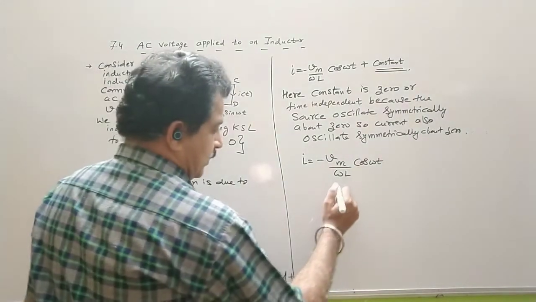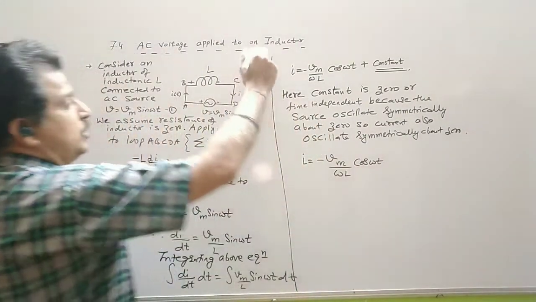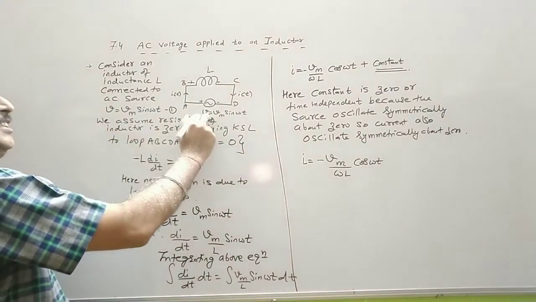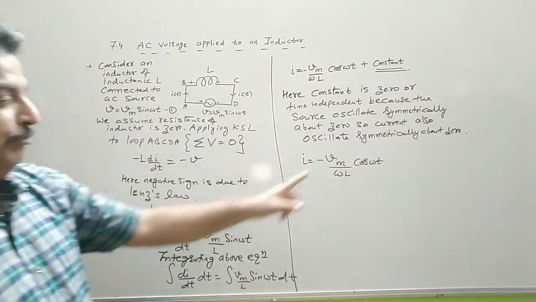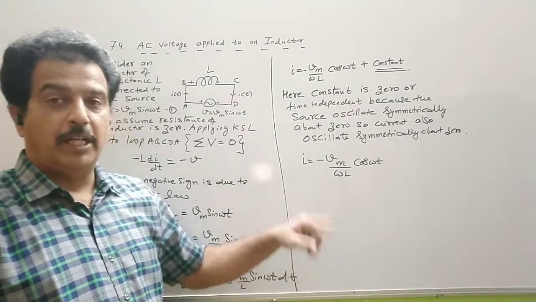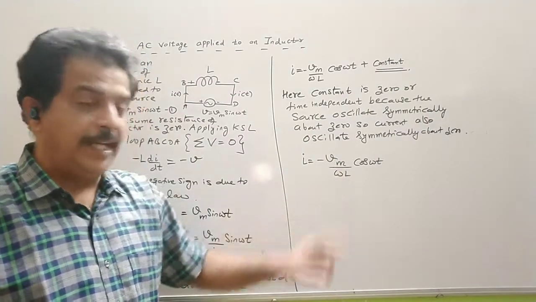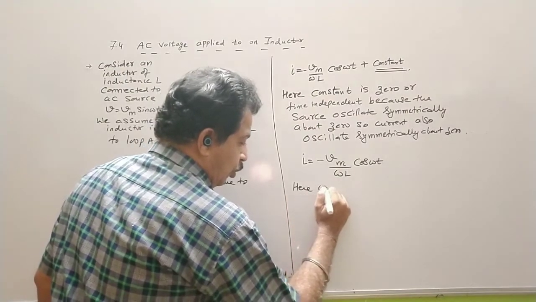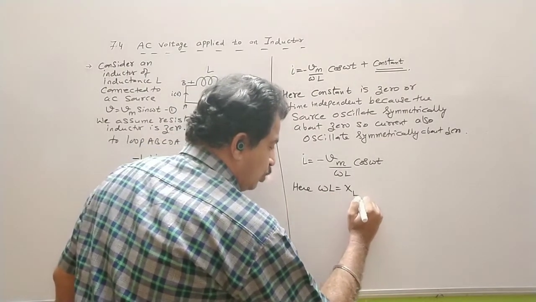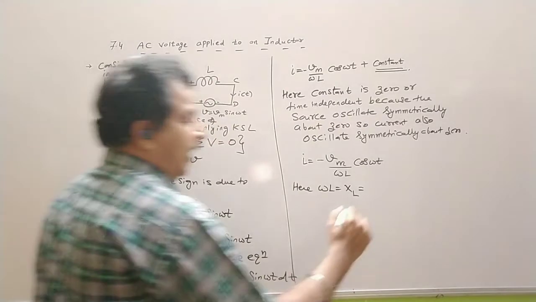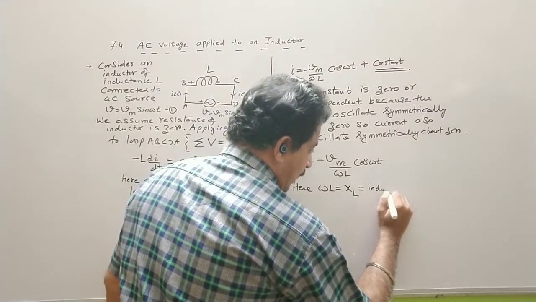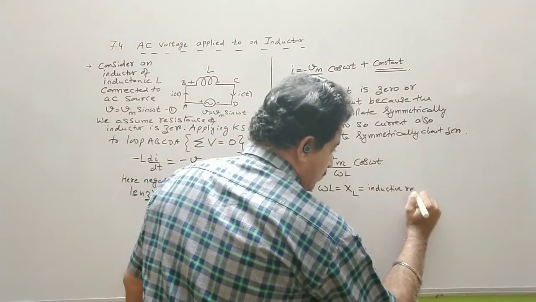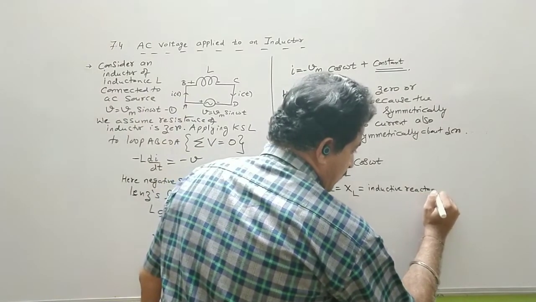Now let us see this term. In the previous question, when we connected this AC source with a resistor, we had Vm upon R. Here we have Vm upon omega L. So we introduce a new term here. Omega L is equal to XL, and it is termed as inductive reactance.